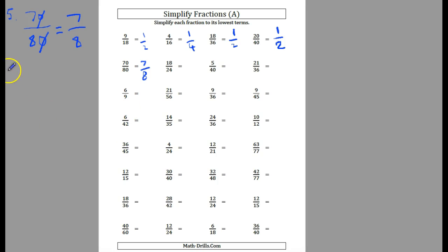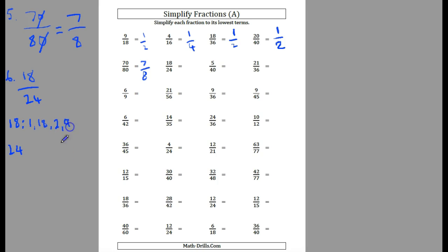All right, question 6, 18 over 24. Now, a question like this is helpful to write your factors because 18 doesn't actually go into 24. So we'll look at the smaller number first. What numbers go into 18? So we can do the factor pairs, 1 and 18, 2 and 9.